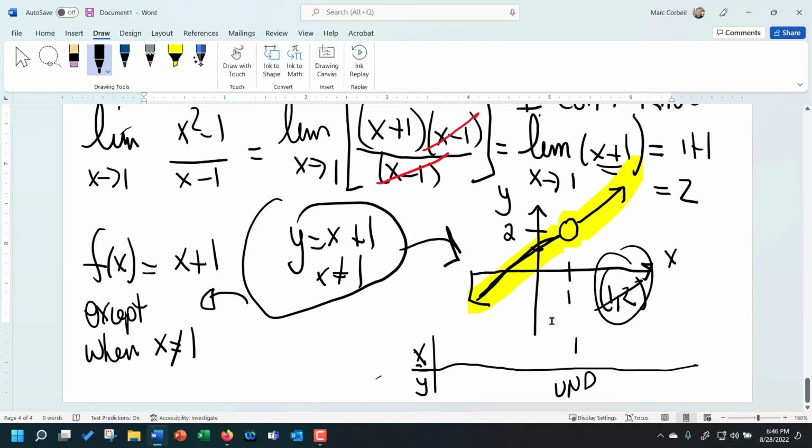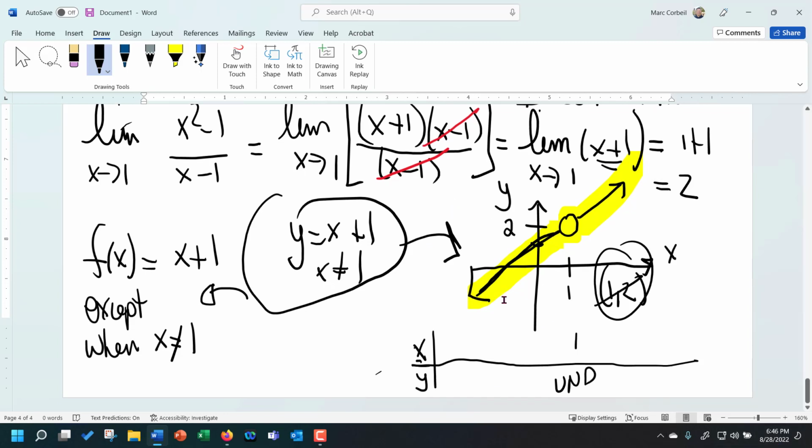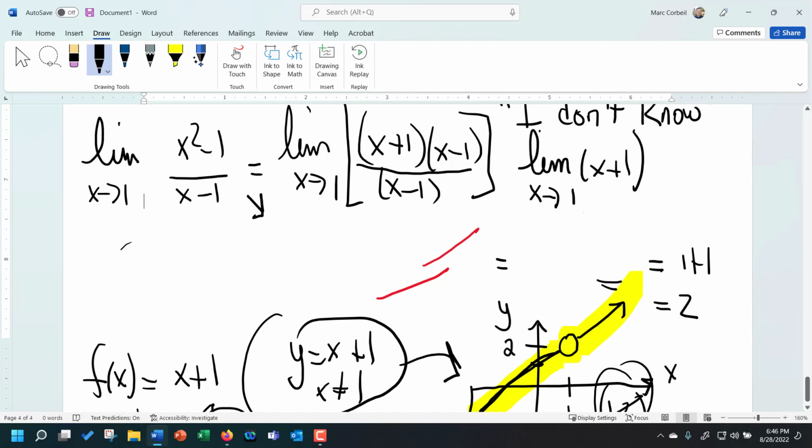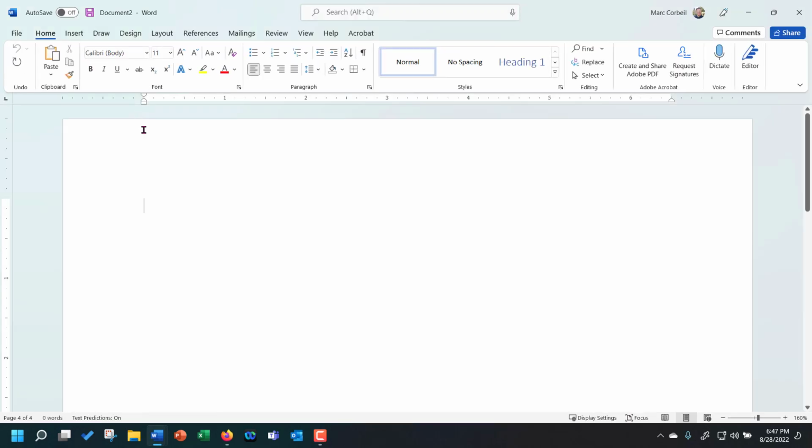Another analysis that we can do would be rationalizing. So we're going to make some room here. In fact, I'll just draw up another blank document. So we'll go ahead and do one that's a rationalization. I'll do f of x is equal to, let's see here, I'll come up with one.